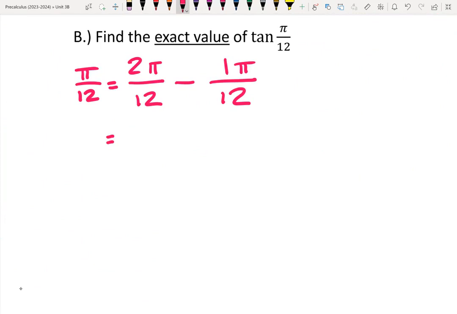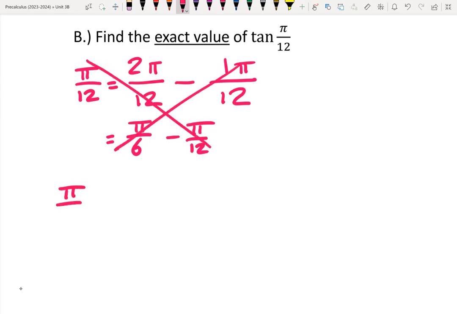So 2 pi over 12, does 2 pi over 12 reduce? What does it reduce to? Is that on the unit circle? All right, so we're good with that. However, does 1 pi over 12 reduce? And that is, again, not on the unit circle. And so, does this pairing work? So let's try a different pairing. So let's try it again. Any thoughts? What could we do?